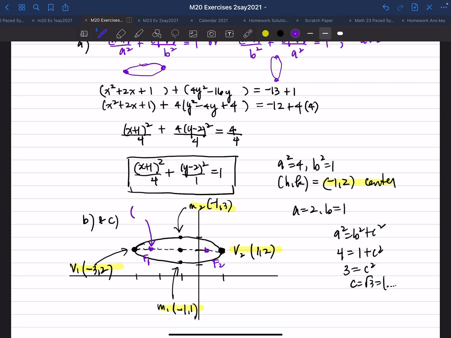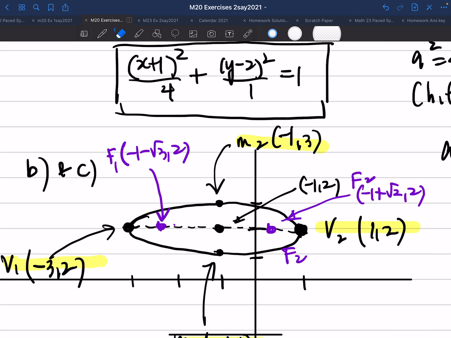So the x coordinate must be, let us give the center first because the center is our reference point, which is negative 1, 2. So negative 1 minus square root of 3 units, comma, yung y mo does not change. For this one, negative 1 plus square root of 3, the y coordinate does not change. So this is F1, this is F2.